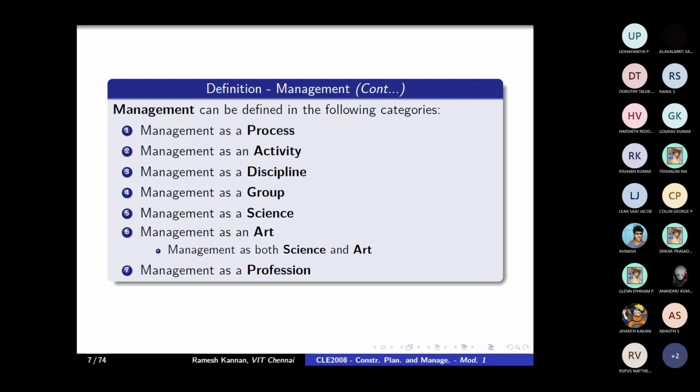The next very important thing is called management as a discipline, right? This is pretty much a modern definition in which we talk about the MBA and degrees given on management, like an MBA in HR, human resource management, an MBA in finance, and an MBA in technology management. Those were not very common or popular some 15, 20 years before.